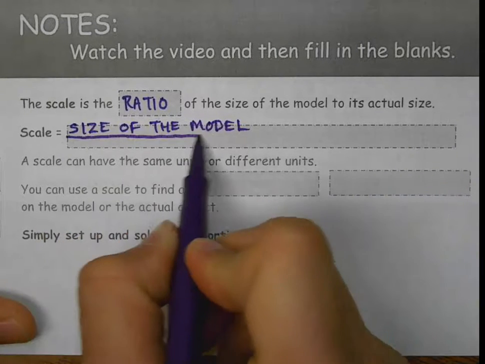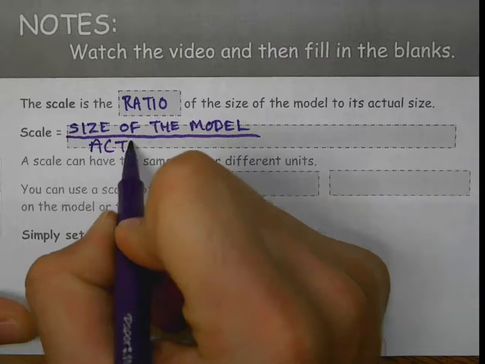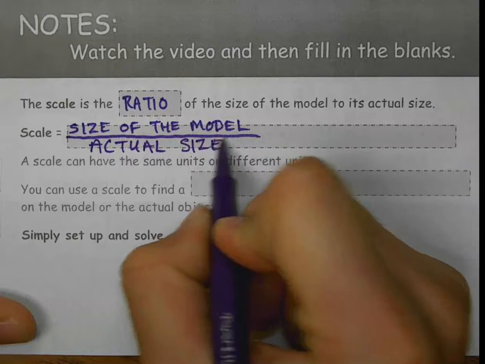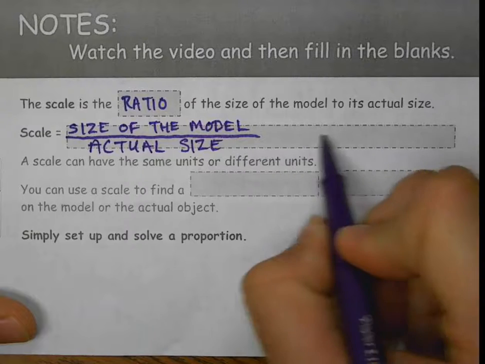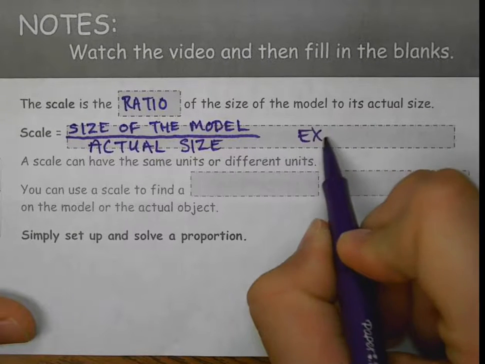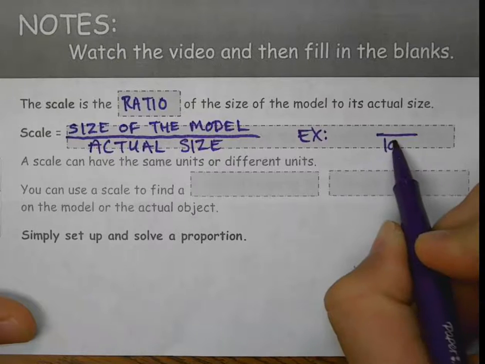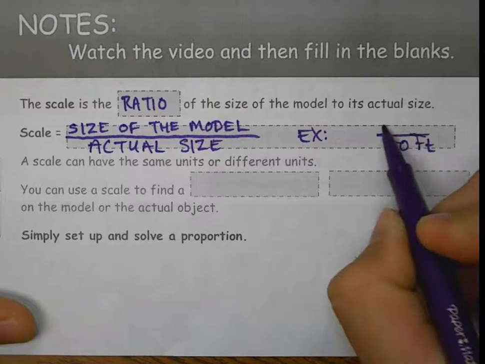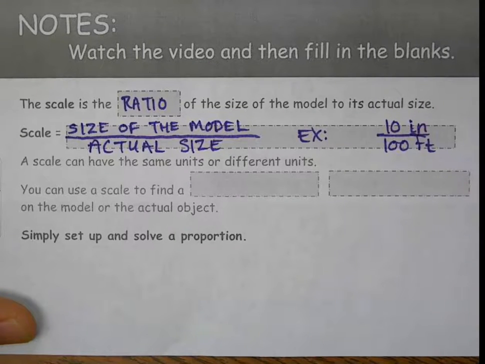The size of the model over the actual size. So we can say that a room in a house, the actual size can be 100 feet, but for the model, it's 10 inches. Okay, that is a scale.